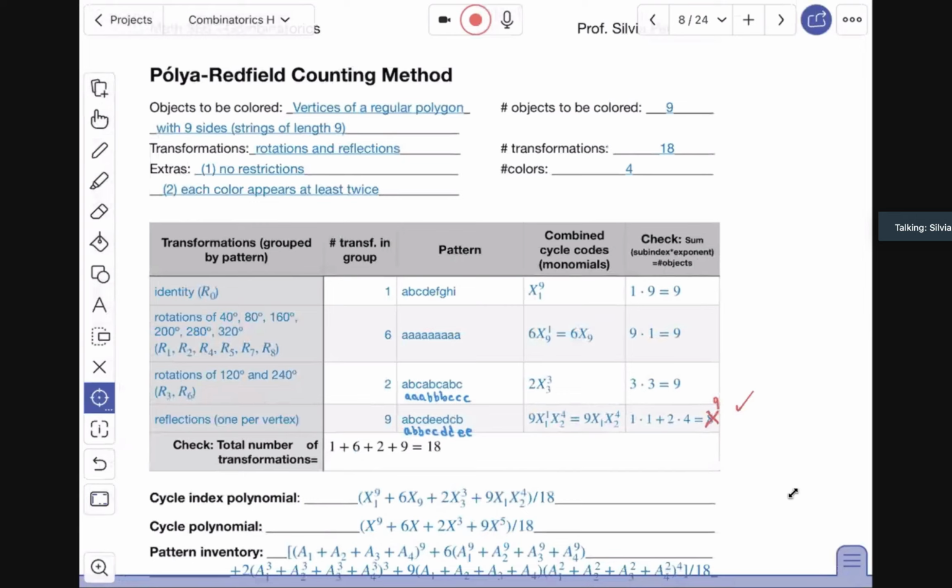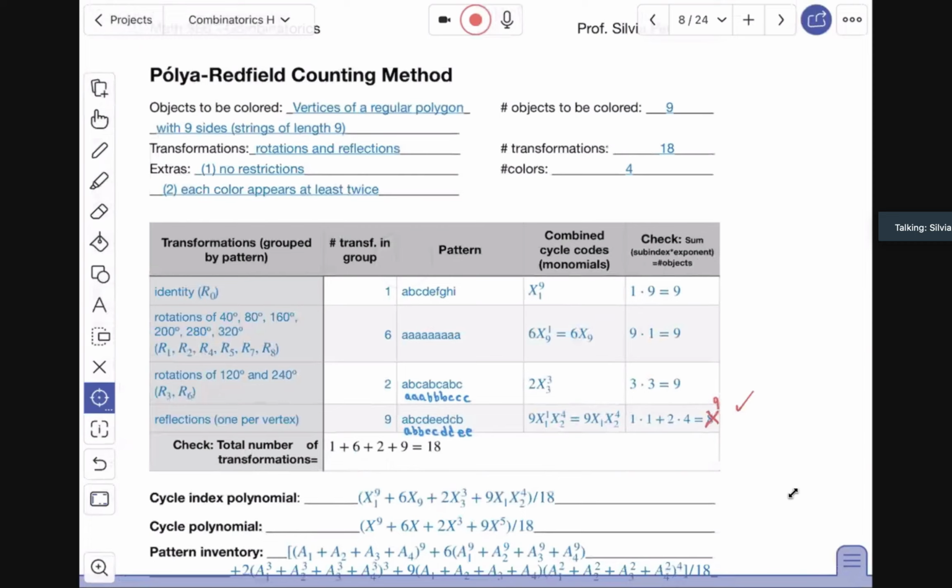For the grid, it's easier because the transformations of the 3x3 board are just the symmetries of the square. So just 90 degrees, 180, 270, and the 4 reflections. Those are very easy to visualize. But the tetrahedron and the cube are harder because they're in space. So maybe we'll go over a table like this for one of each, the cube and the tetrahedron.